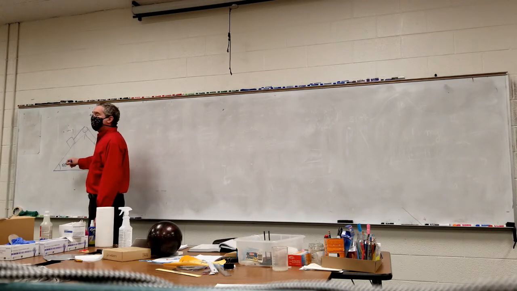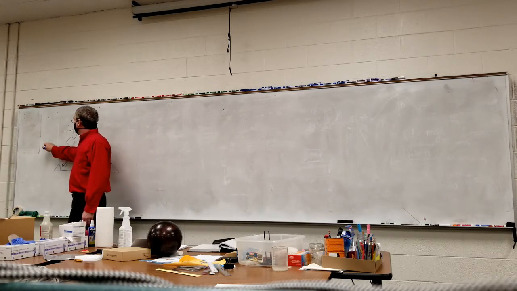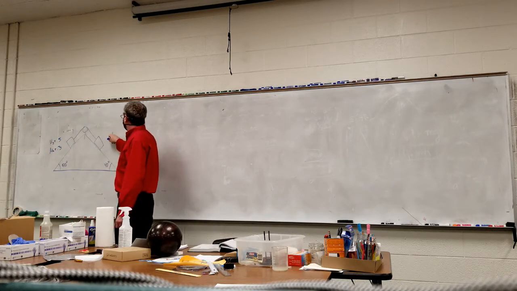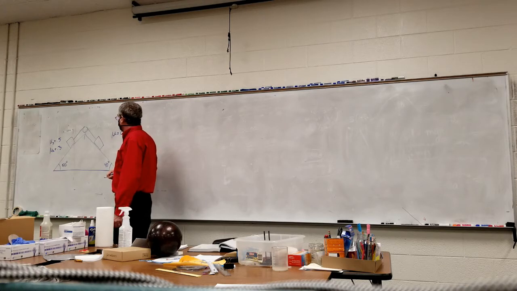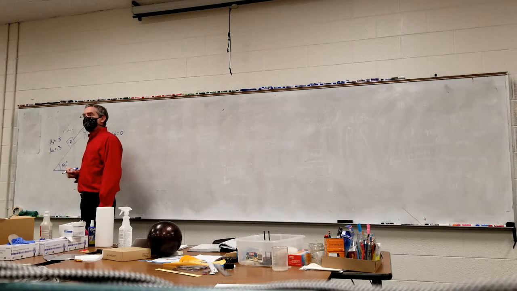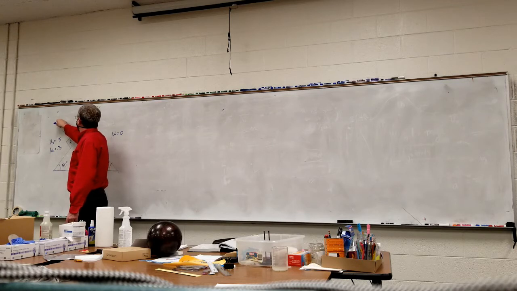On the left you have a mu s of 0.5 and a mu k of 0.3. And on the right side, mu equals 0. That's B on the right, and the left is A. Did it give masses? MA is 5 kilos, MB is 8 kilos.